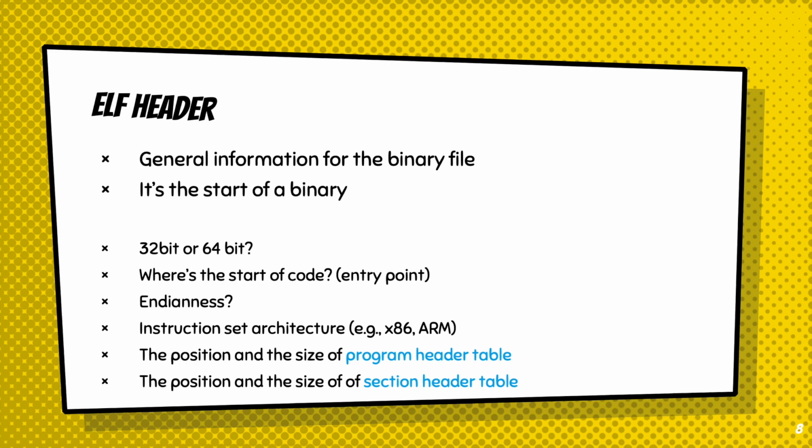It also has the entry point of the program, which is the start of execution. Also, it contains endianness, which we talked about before, and the instruction set architecture. It has the position and the size of the program header table and that of the section header table. So again, the ELF header is the start of the entire ELF so that the computer can parse, understand, and later on execute the binary file.